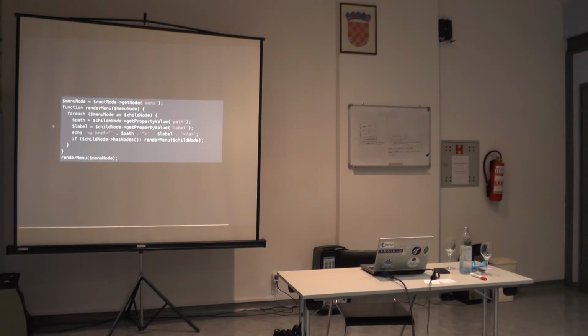And I'm not 100% sure, but the has-nodes check is required to check for child nodes. You can't count, because the count will also return the properties, I think. I tried with count and it failed for me, but for the last one, use has-nodes.